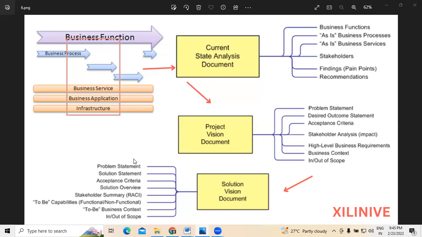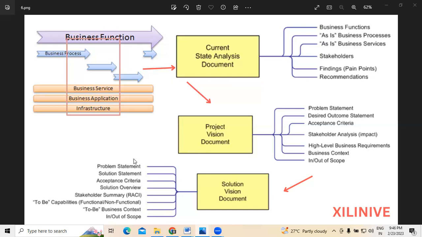Based on that, the first document a business analyst has to prepare is called the current state analysis document. In this document, we have to explain the business functionalities of the customer. At the same time, we need to understand the process and services of the as-is system. As-is is nothing but the system which the customer is using at this point in time. That's what as-is stands for.